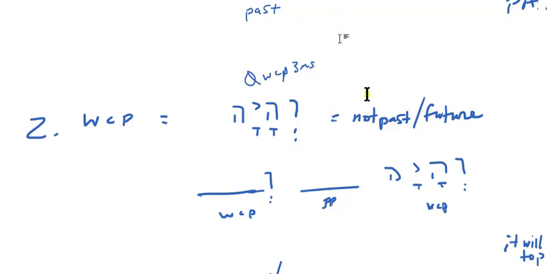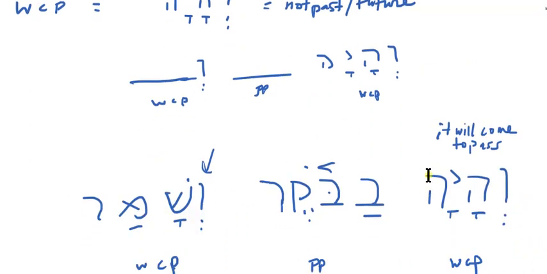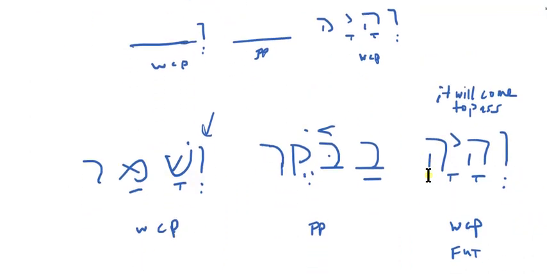And this is actually going to reflect exactly what we just saw a little while ago. Vehaya baboker. Old King James, and it will come to pass in the morning, veshamar. WCP 3MS form of Shamar. How would we translate this? In the morning, future time, what will happen? He will guard or keep.